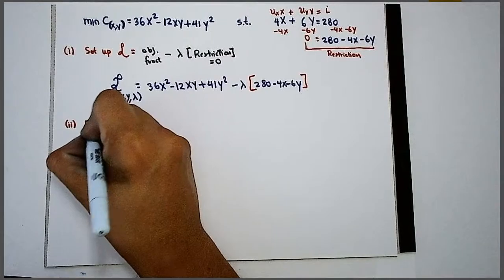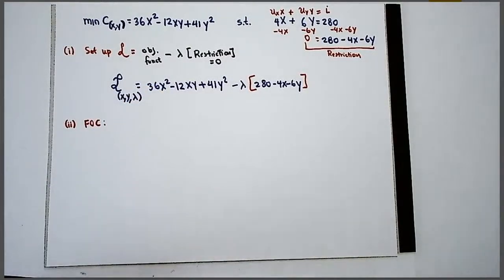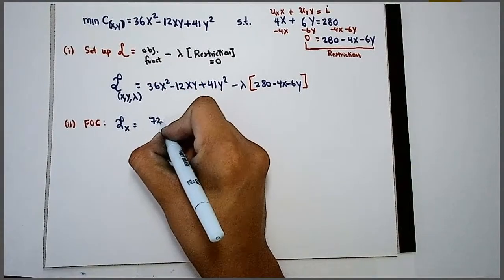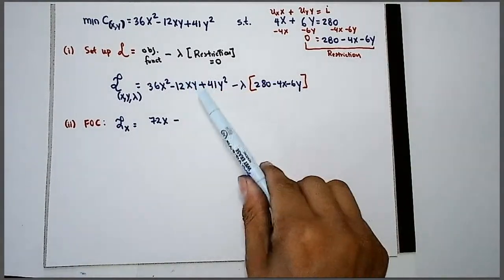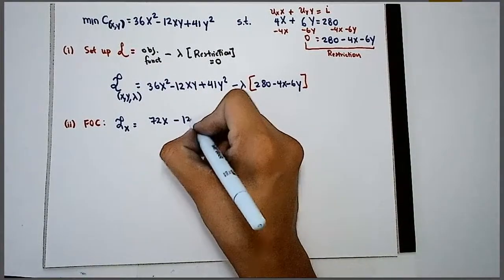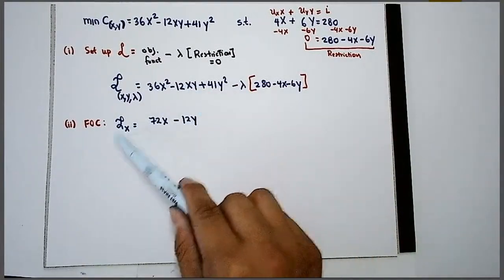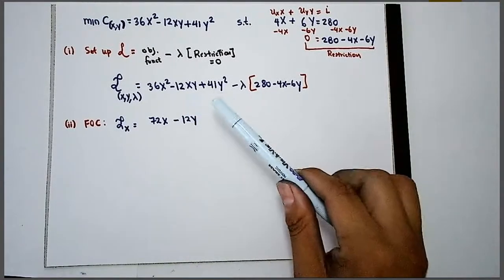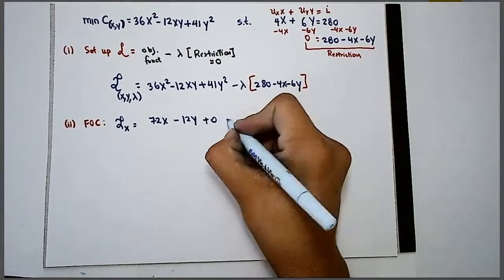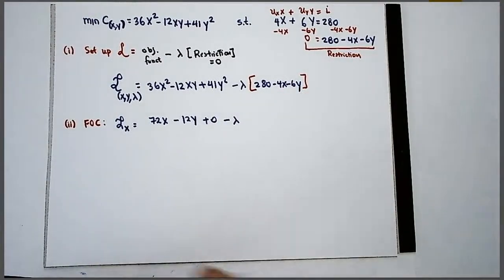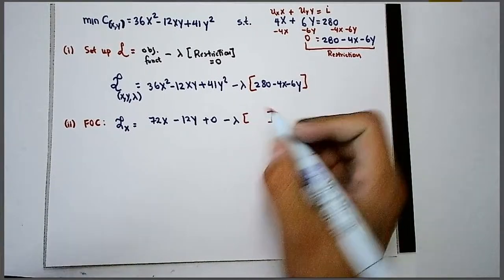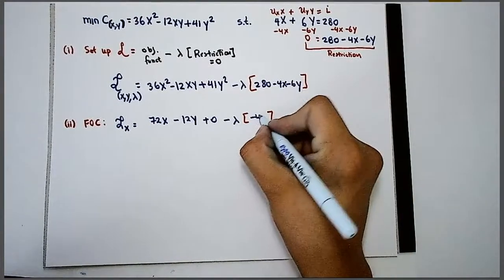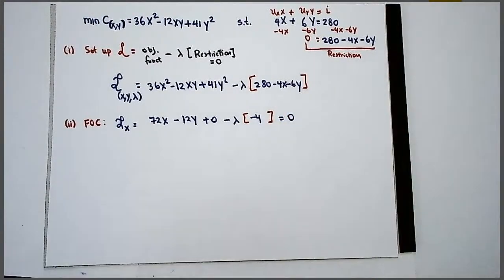Let's obtain the first order conditions. With respect to x, this is 72x minus, here the constant part is 12y, and the derivative of x with respect to x is simply 1. Plus 0 minus lambda times the derivative with respect to x, which is simply minus 4. And this is equal to 0.